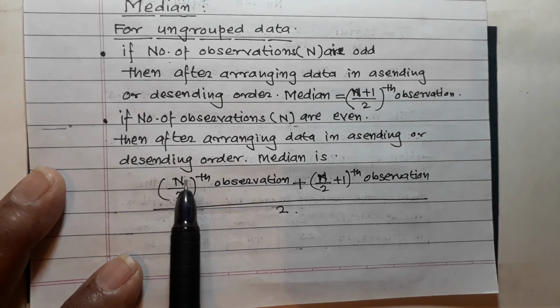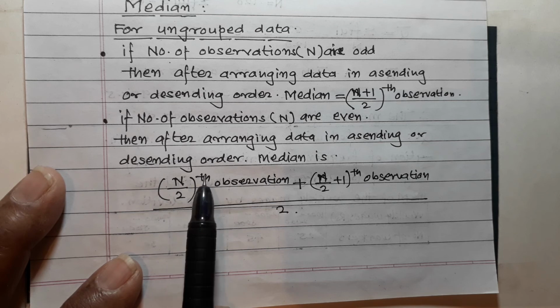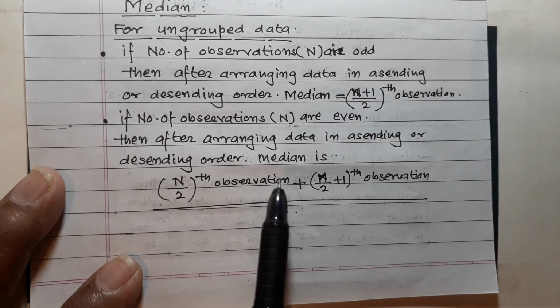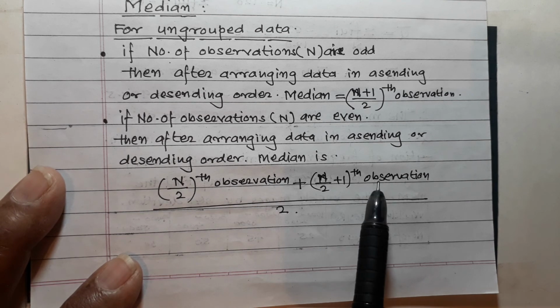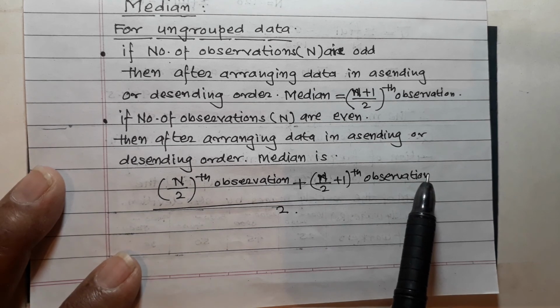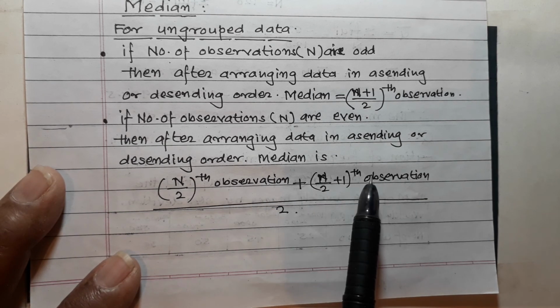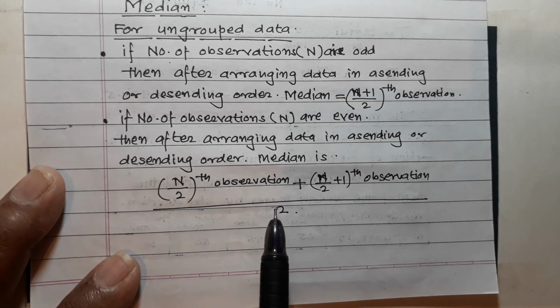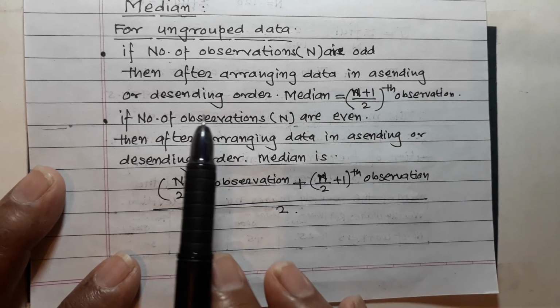That is the n upon 2-th observation plus the (n upon 2 plus 1)-th observation. If you add these two and divide by 2, you will get the median.